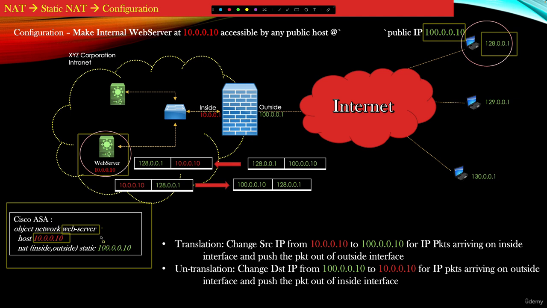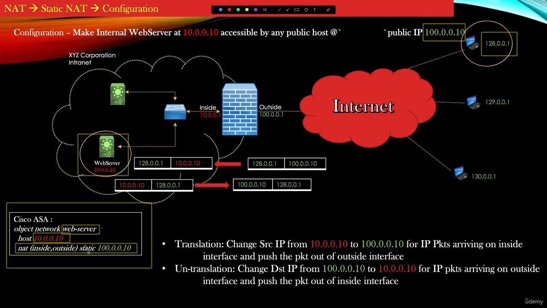So you can see this is the hierarchy of configuration, and we are configuring the network address translation within the object network web server. The meaning of this statement is that we are creating a network address translation rule which would be imposed on any packet hitting the firewall at the inside interface, and this is the static rule.